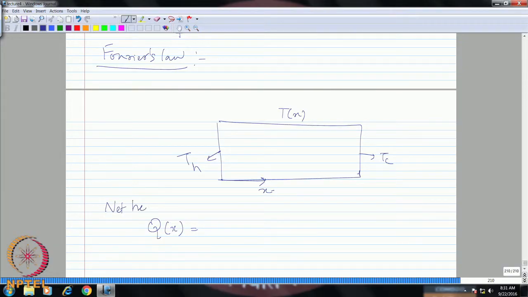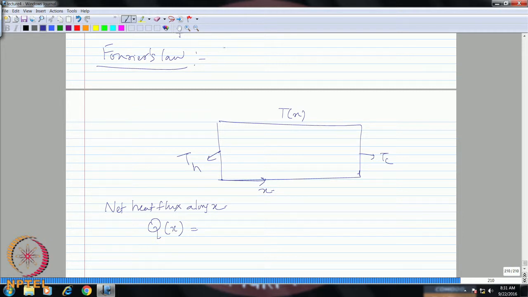So, now directly we want to calculate the net heat flux along x. Okay. So, now we want to use the distribution function f. Okay. So, how do we in this case do that?